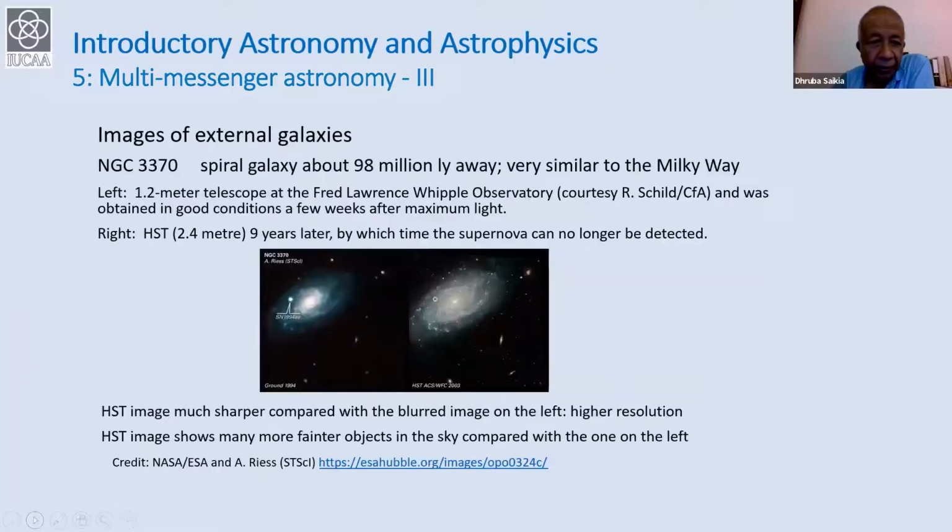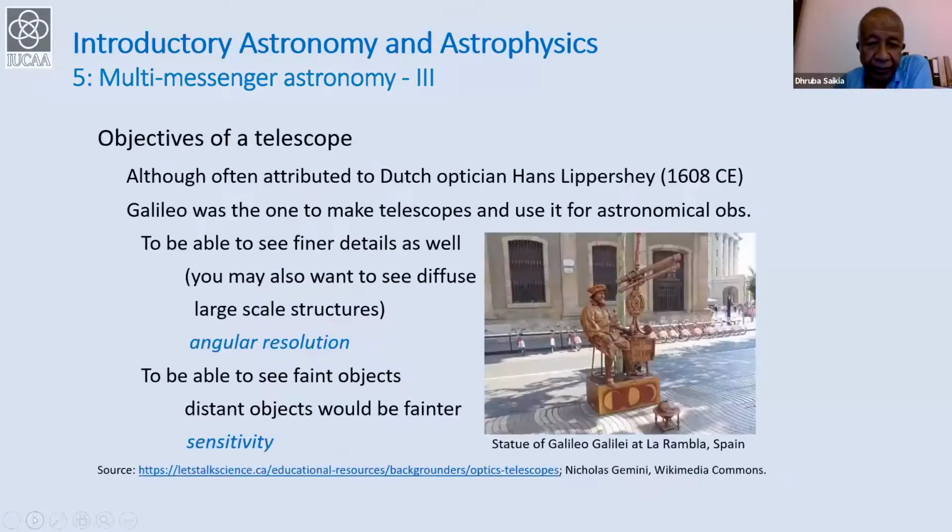Now, what is it that we want to achieve with a telescope? Ideally, what you want to be able to do is detect faint features, and you also want to be able to see finer features in a galaxy. That is what a telescope basically enables us to do.